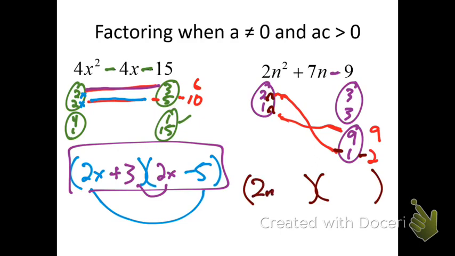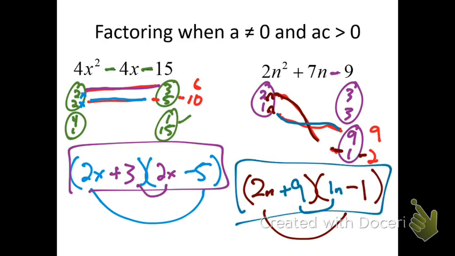So this 2n is paired up with the negative 1. That was kind of confusing, hopefully that makes sense. And then this 1n is paired up with the positive 9. There you go.